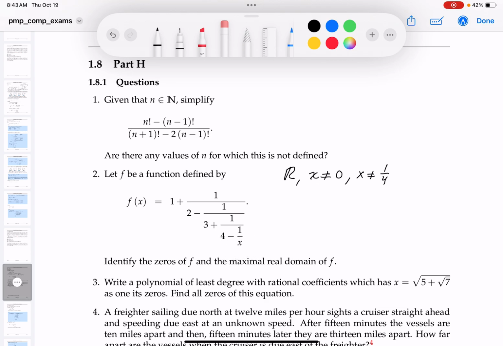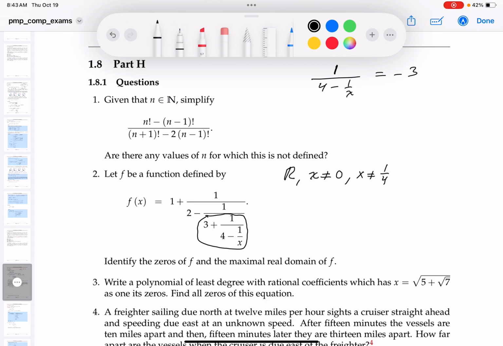The next thing I got to realize over here, and it's painful, is that 1 over 4 minus 1 over x can't be equal to minus 3. And why is that? If that were the case, that would be 0.